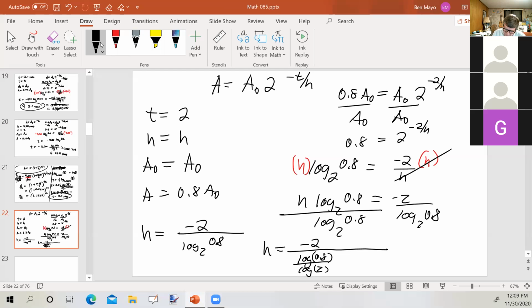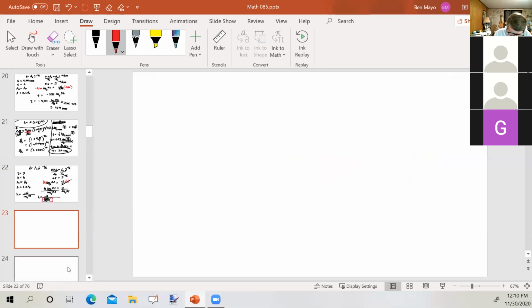All right. Now, I can do this as it is, but if I'm going to do that, I need to quantify that whole thing. So on my calculator, I'm going to put negative 2 divided by, and then a parentheses, log of 0.8, close up that parentheses, divided by log of 2, close up that parentheses, and then close up the whole thing. I'm going to come back to that screen in a minute.